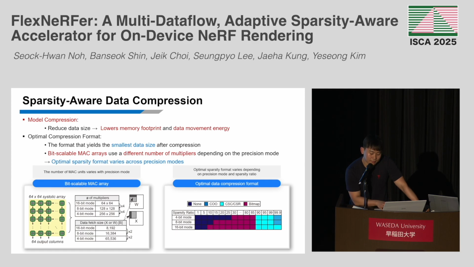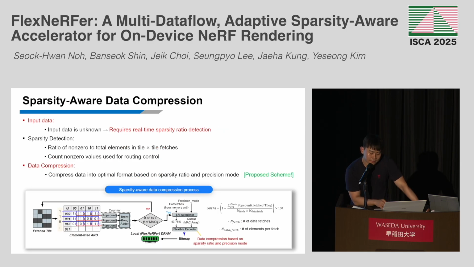To get the most benefit, FlexNeRFer stores data in the smallest possible format. One interesting thing we found is that in the bit-scalable MAC array, the precision mode also affects which format is best. This is because the number of active multipliers changes depending on the precision in the bit-scalable MAC array.